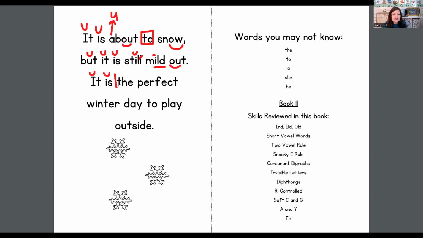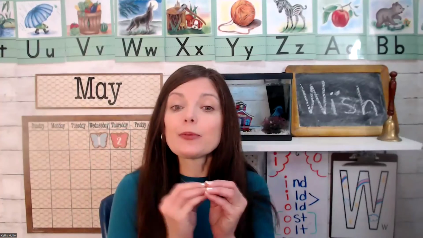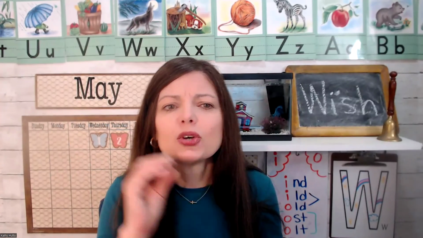It is the perfect winter, two vowels walking. Sometimes Y thinks it's a vowel. A day, winter day. To play, outside, to play outside. Well, remember, keep reading that word list, keep reading that reader until you can read them with little to no errors, and then you know you're ready to move on to the next lesson.